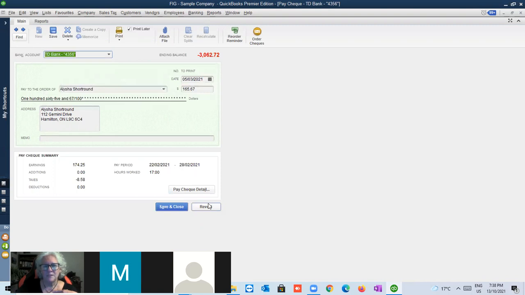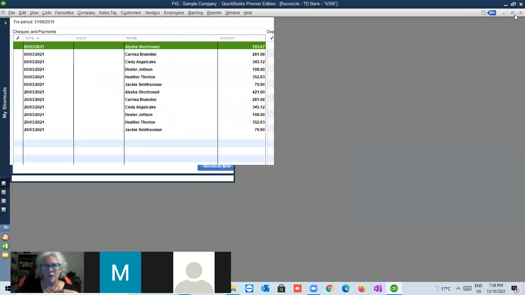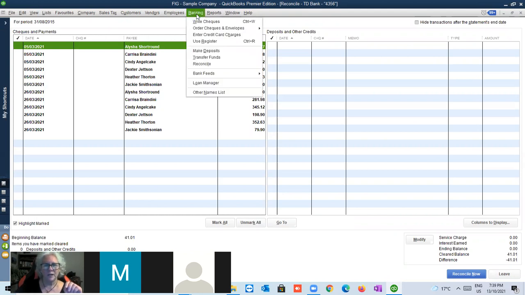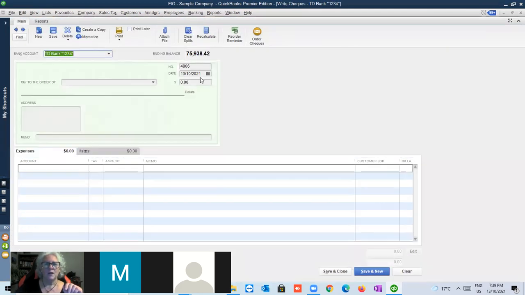And so what happens here is they're not sitting here. They're a debit in payroll clearing. But when that total comes out, I just post from write checks here. The total here might be Royal Bank, or I'll do TD Canada Trust because I know it's on here.